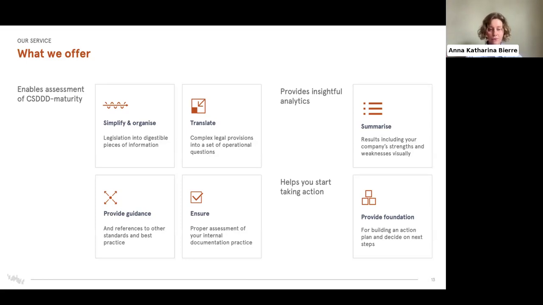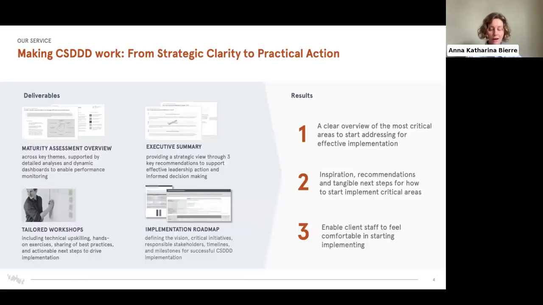While the tool is, of course, very central to our service, it's also important to say that the tool is a part of a wider service package containing various elements. If we look at the deliverables, clients will first get a maturity assessment overview across the key themes and aligned with the 6th step, supported by detailed analysis and dynamic dashboards to enable performance monitoring.